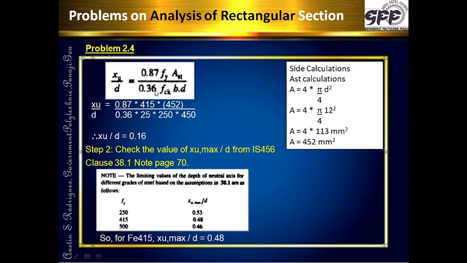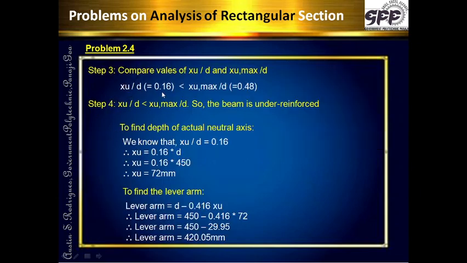That's why we should never use this to find the value of XU. Use this to find XU by D, because after that we compare, and only then do we know what type of section it is, whether under reinforced, balanced or over reinforced. Being sure that it is not over reinforced, only then use this value, cross multiply it with D and get the value of XU. Please note this fact: the value of XU has to be obtained after step 4.